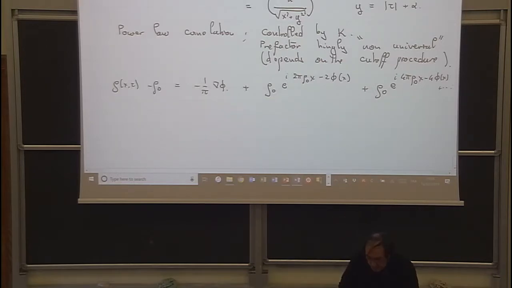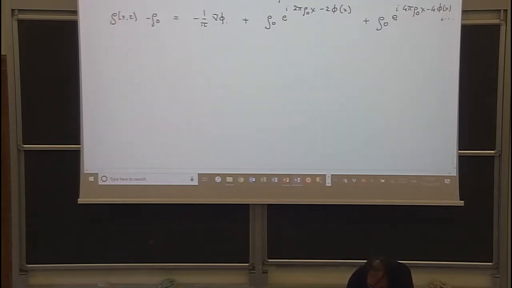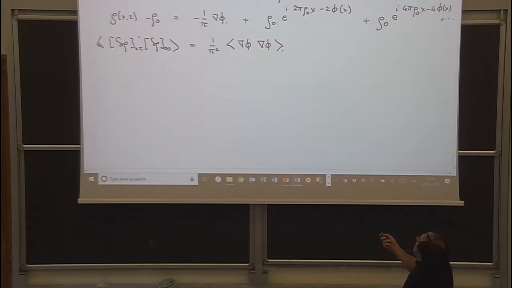Okay. So now I need to multiply this horrible series with itself and do the correlation. So I will get the grad phi first. So the average of delta rho x tau delta rho 0, 0 is essentially 1 over pi squared, the average of grad phi. Then I will get terms where I will have exponential of i 2 pi rho 0 x, exponential of i 2 phi, multiplied by its corresponding term on the other side.